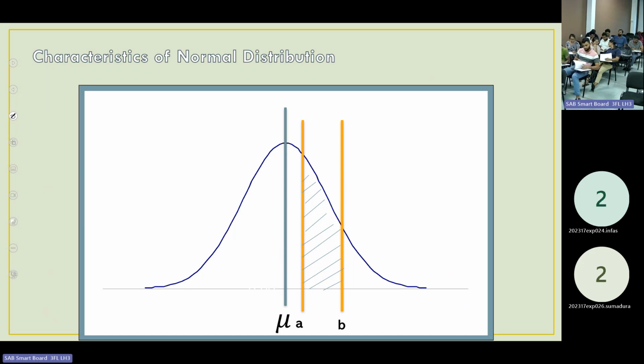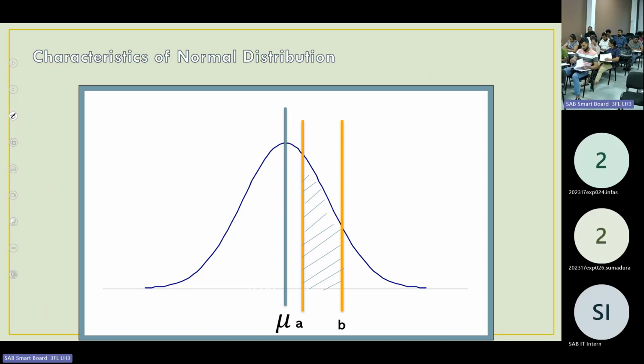Now see here, we have highlighted the area. Here we have written A, here we have written B. In this diagram, a number below this line refers to the value on this line. So this value is A, this value is B. The area above A and below B is highlighted.